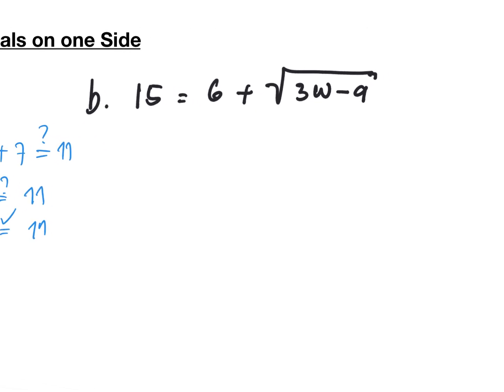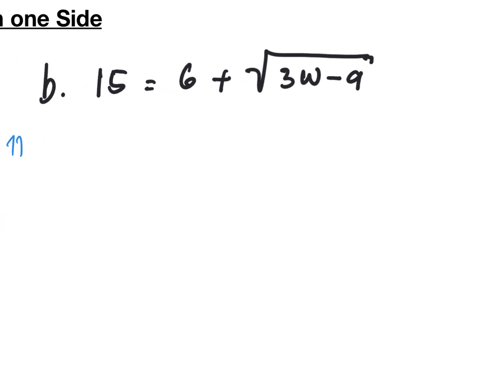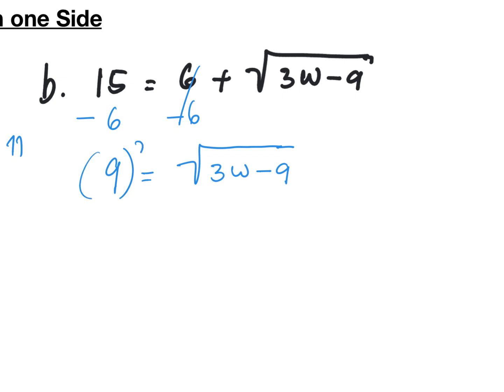Okay, let's go for letter B. The very first thing we're going to do here is to subtract 6 on each side. So 15 minus 6 is just going to give you 9, which is equal to the square root of 3w minus 9. We're going to square both sides.